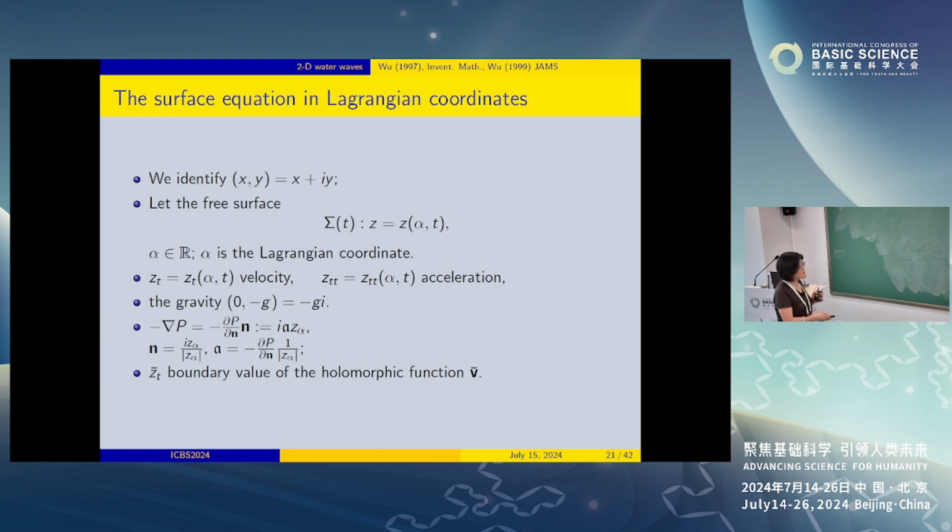So z_t bar is a boundary value. We know that divergence V equals 0 and curl equals 0 is equivalent to V bar being a holomorphic function. These two equations are just the Cauchy-Riemann equations. So this is a boundary value of a holomorphic function, which means it satisfies the Cauchy integral formula.